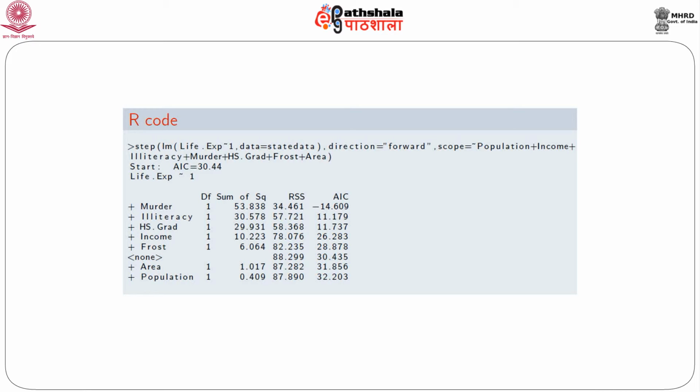Then we removed murder and included illiteracy. So, now we had life expectancy regressed on illiteracy, and we obtained the corresponding AICs, and the same was done for all the predictor variables present. And then after ordering the AICs, we see that the model with murder as the predictor variable had the lowest AIC.